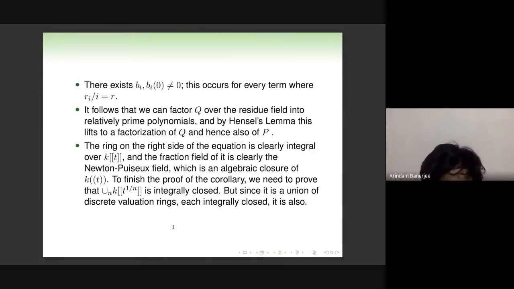To finish the proof of the corollary, we need to prove it is integrally closed, but this is basically a union of discrete valuation rings, each of them integrally closed, so it is also integrally closed. So that basically proves the Newton-Puiseux theorem and the statement about the absolute integral closure of the power series ring in one variable.